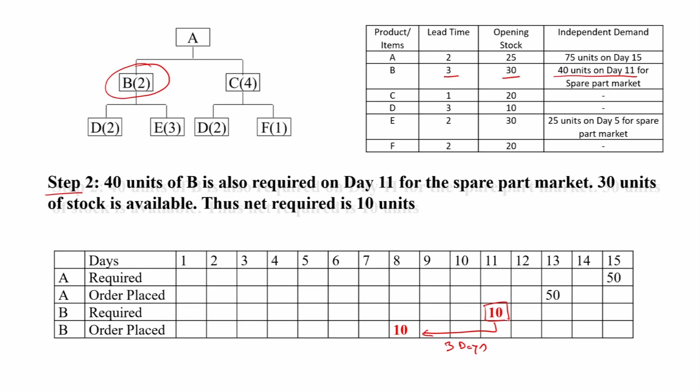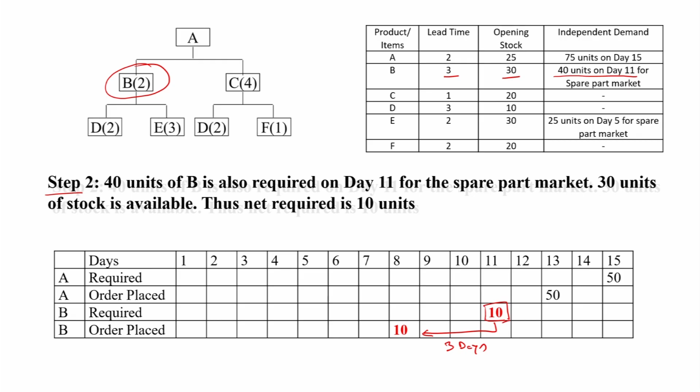So, I need to purchase or arrange only 10 additional units, and I must place the order 3 days in advance, because 3 days is the lead time. Okay. So, this is my step number 2 for the item B.